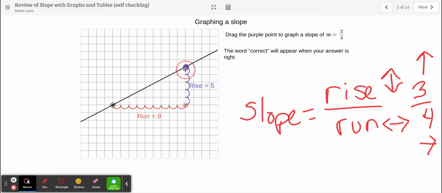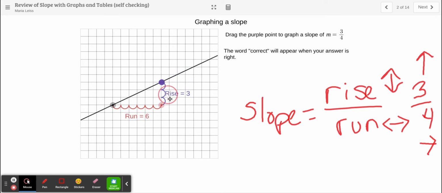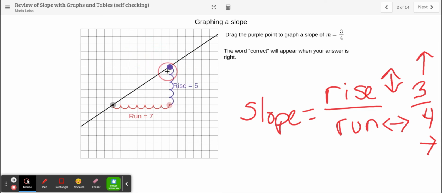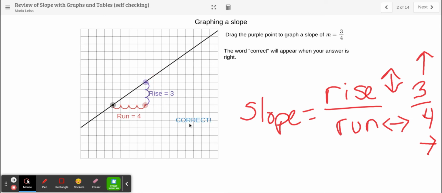I need a rise of 3. And you'll notice as I do this, all those numbers change, right? So I need to get a rise of 3. There's my rise of 3, but right now my run is 6. I don't want it to be 6. I need it to be 4. So I'm going to stay at this height. And now my run's 5. Now my run's 4. Now I've got it right.